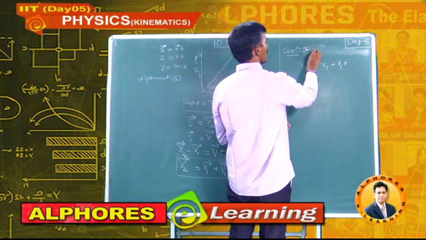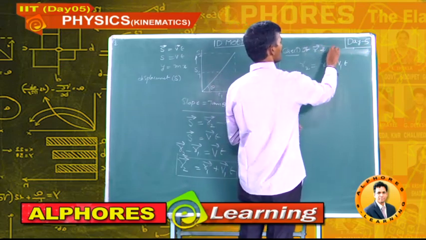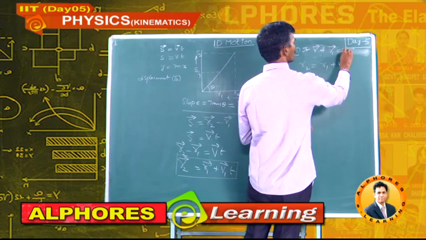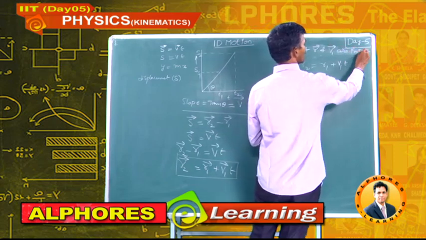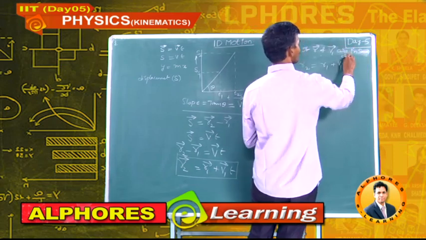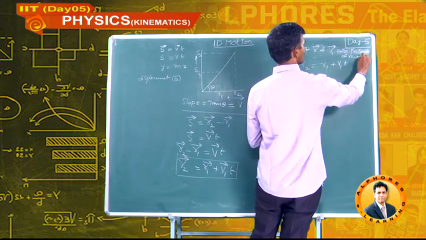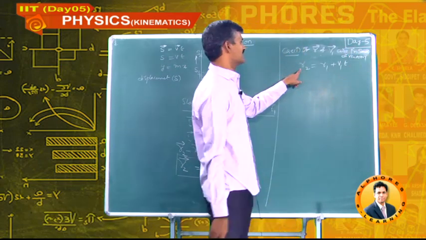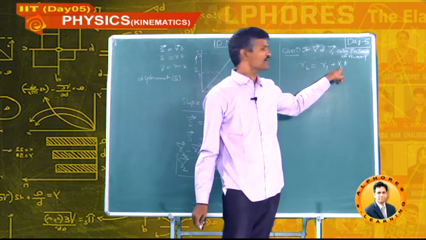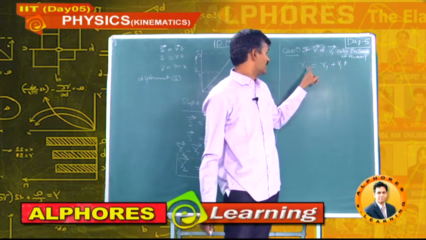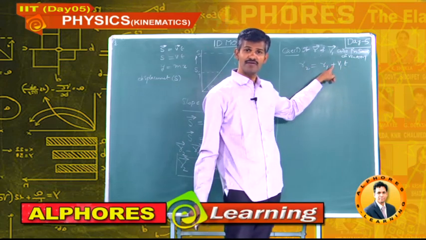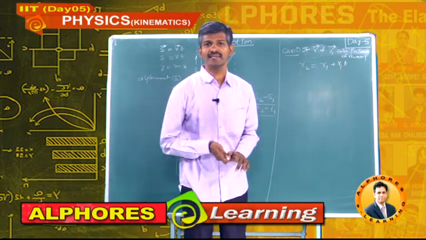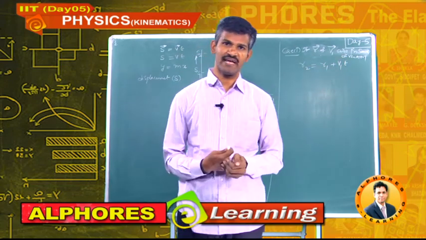If R1 bar and V1 bar are in the same direction, then R2 is R1 plus V1 into T. In such a case, we can draw the position time graph.